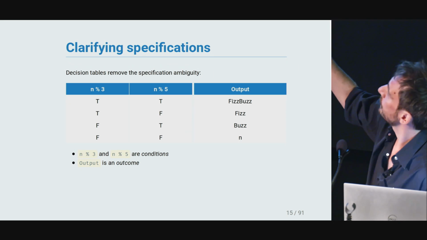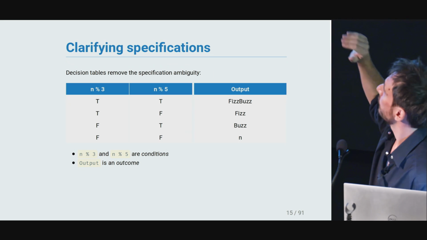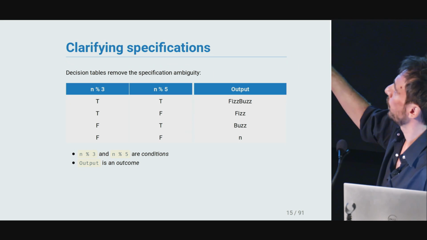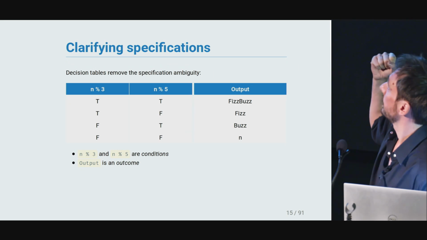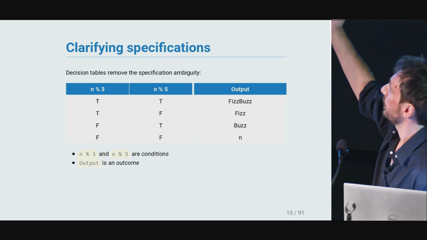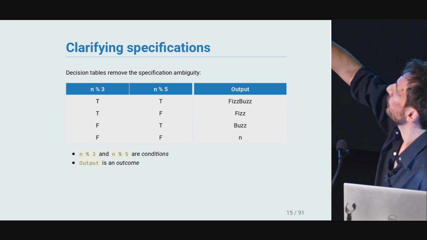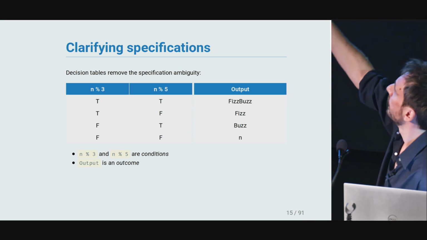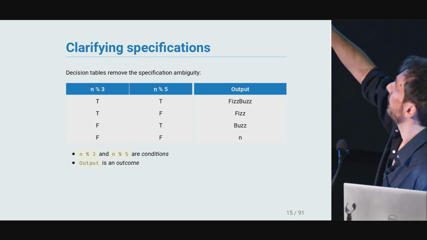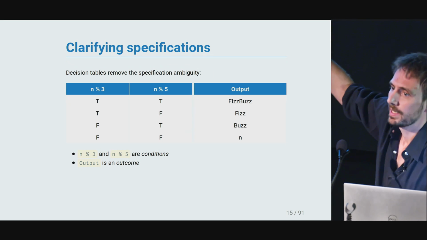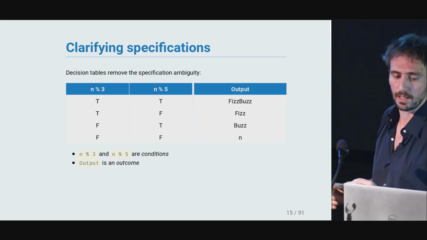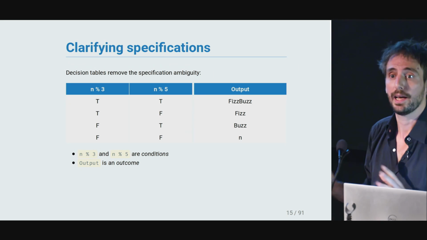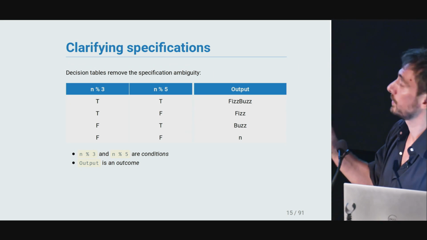Here is the entire decision table for FizzBuzz, where the 2 columns on the left are called the conditions and the column on the right is called the outcome. You can read that pretty easily. If n is both divisible by 3 and by 5, output FizzBuzz. If it's divisible by 3 but not by 5, output fizz, etc. And this right there, in 4 lines, removed the ambiguity in the specification entirely, and it's a lot easier to implement the system properly.